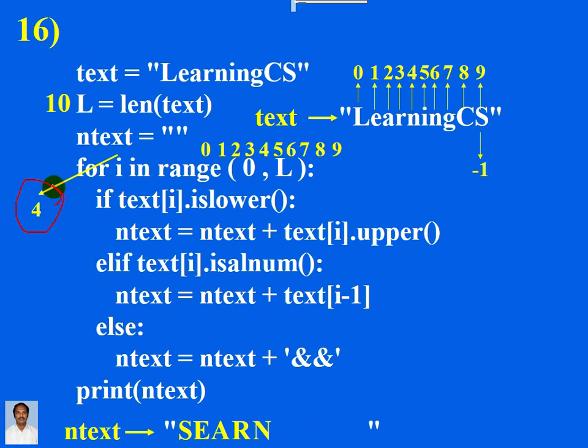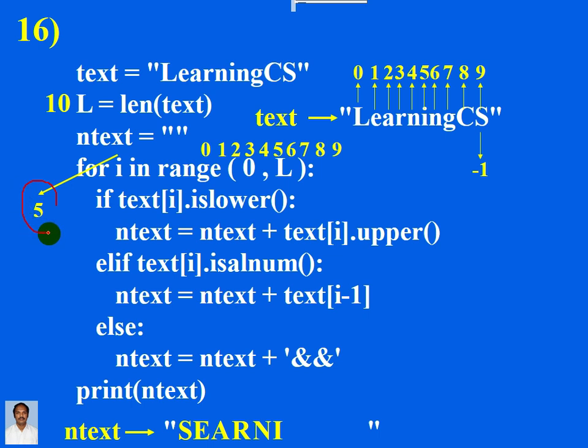I takes the next integer in the range, 5. Text of 5, you get small I. Small I dot is lower. True. So this will be executed. N text, which is this, concatenated with small I dot upper. So capital I, that comes in N text. So now here one capital I comes.